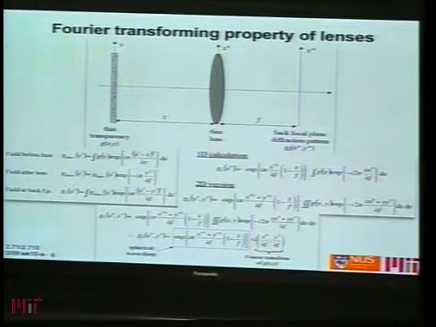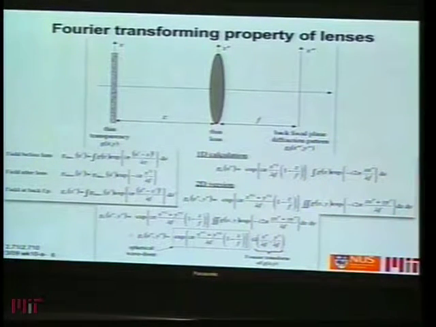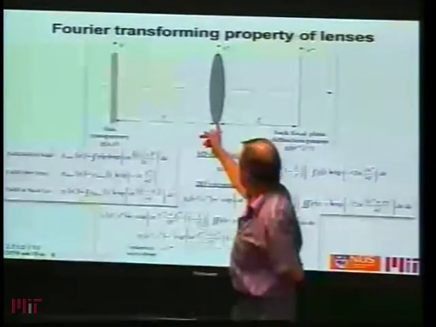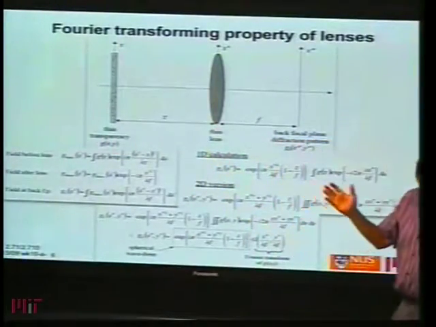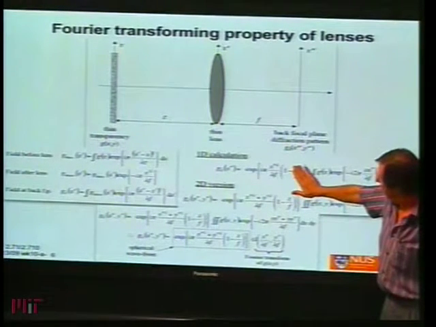There's another special case, actually. That's the case when z equals 0. The case when z equals 0 is if this screen coincides with the lens, immediately close up to the lens. And I think Goodman does that one as well, doesn't he? So if z equals 0, this goes.